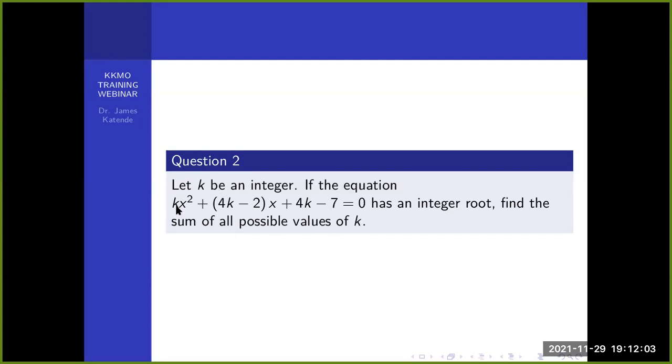So we need to find all possible values of k that are valid, and then we add them to find their sum. Again, I can give the audience an opportunity to have a go at this.